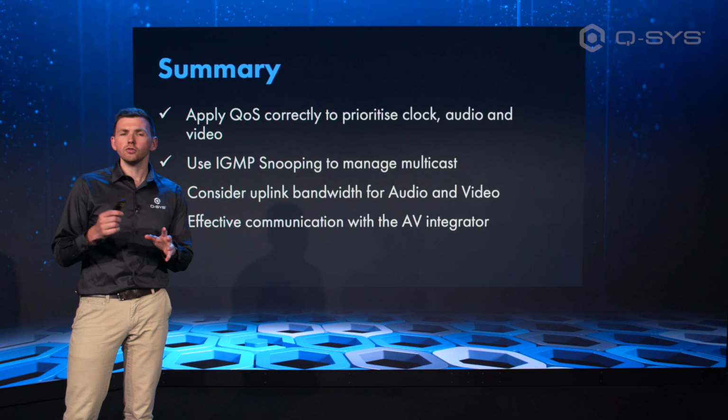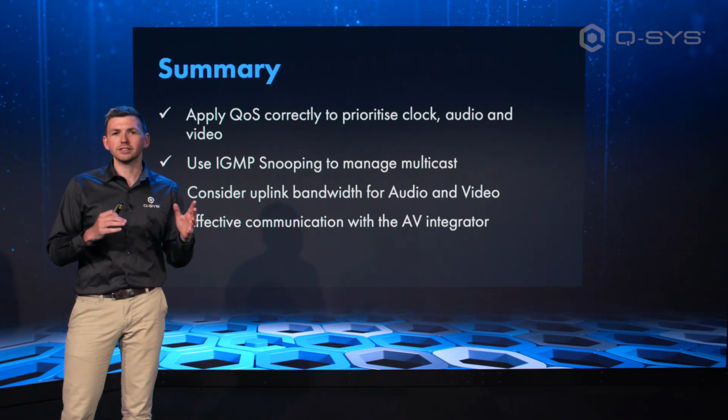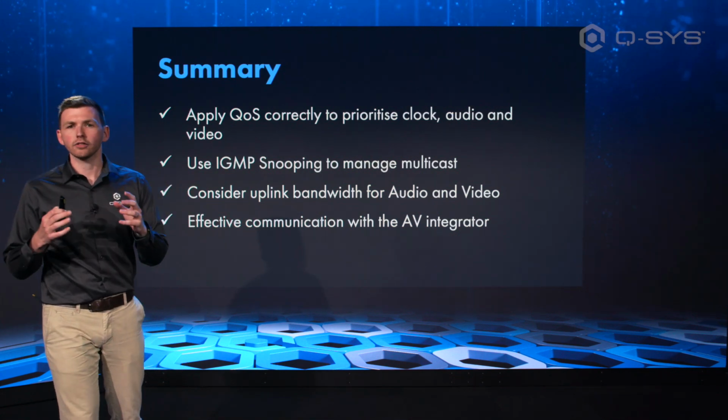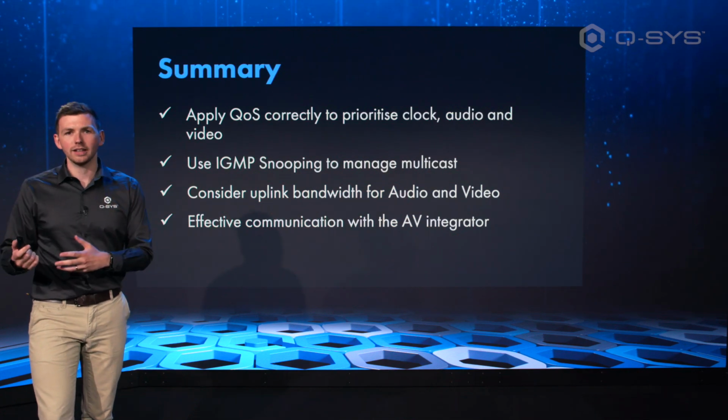And one last thing, which isn't really about technology, it's more about people. When you're working on these systems, we really need to make sure we have really effective communication between the IT department and the AV department or the AV integrator. Sometimes I've seen in the past where this has happened, but at quite a late stage, and then there's a bit of a scramble to implement a few changes or do things before the install starts happening.